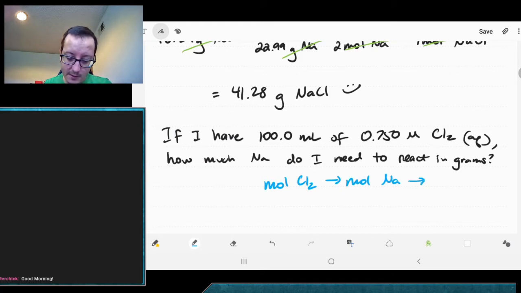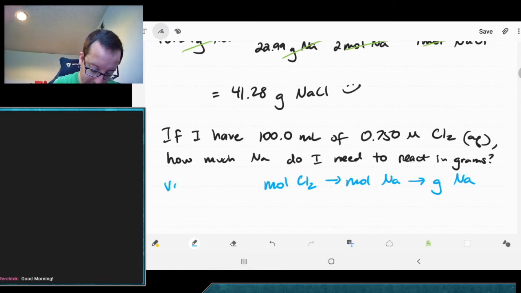Since I'm asking for grams of sodium here, that's the unit we want to end with. And if we need moles of chlorine at some point, we're going to have to figure that out. It looks like we do have a solution here of chlorine. So we're going to start with our volume, specifically in liters of chlorine.